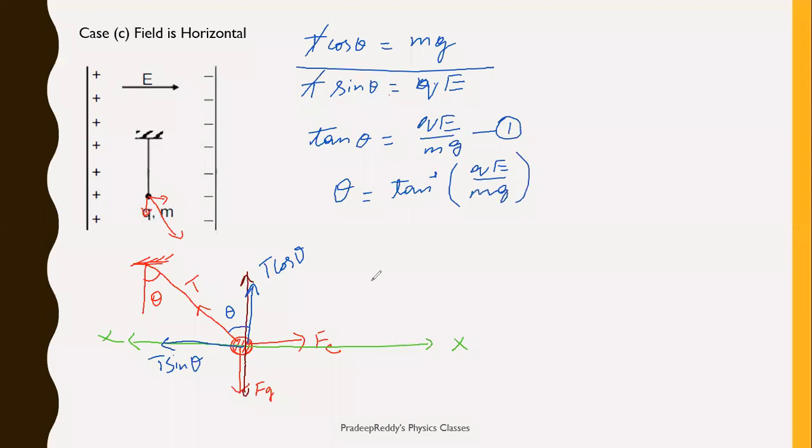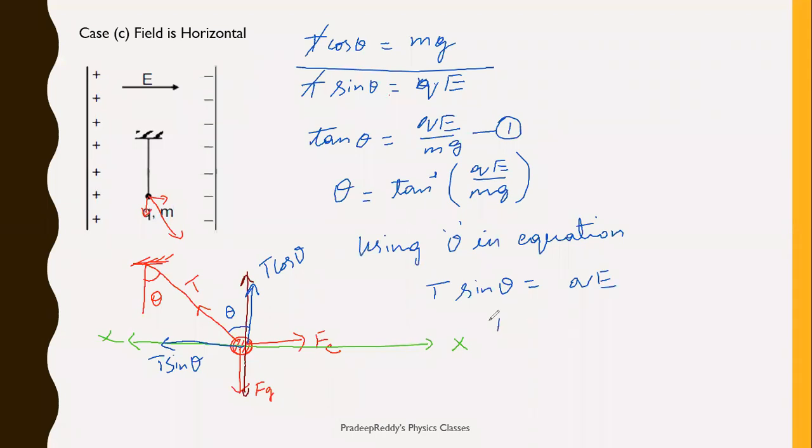Theta will be equal to tan inverse of QE divided by mg. Once theta is known to you, we can find out the tension. See, it's very simple. Take this theta value in the equation T sin theta is equal to QE.